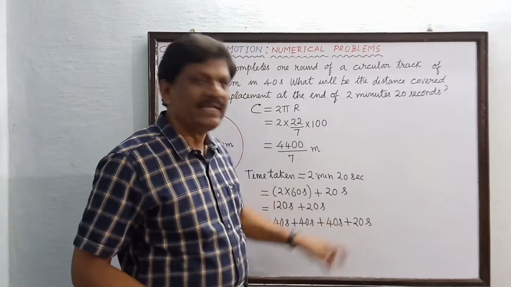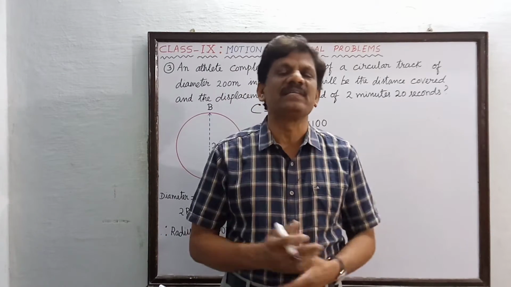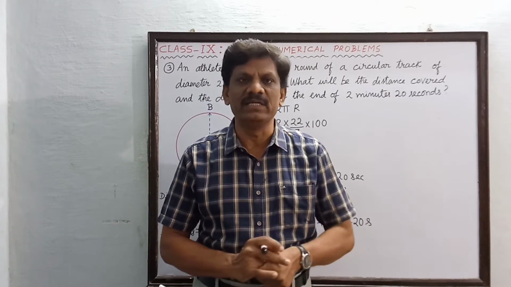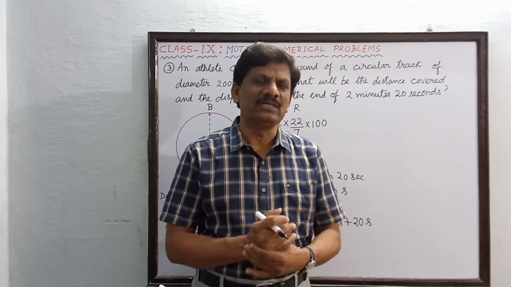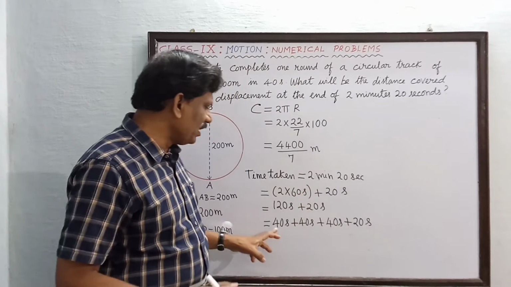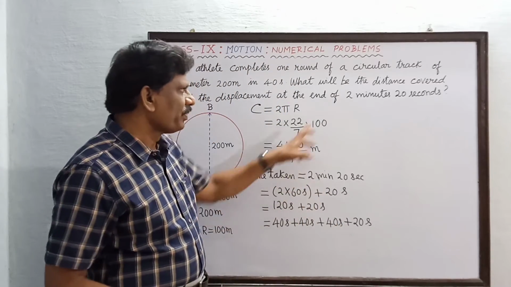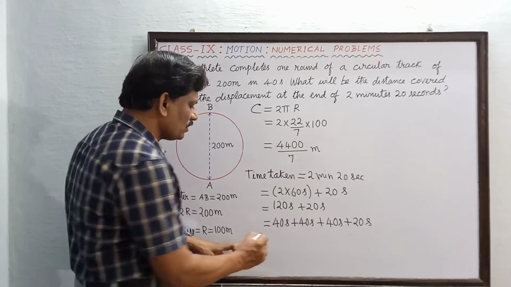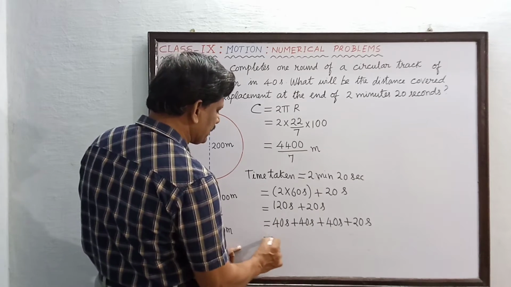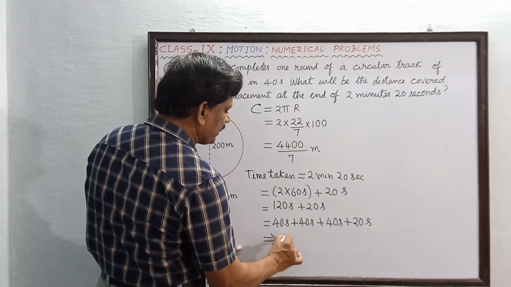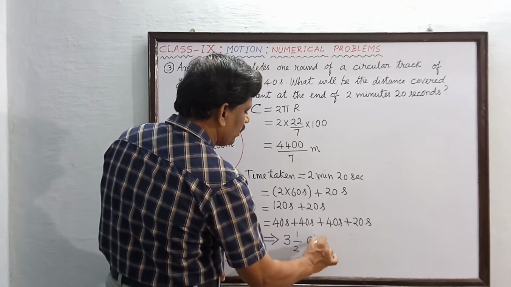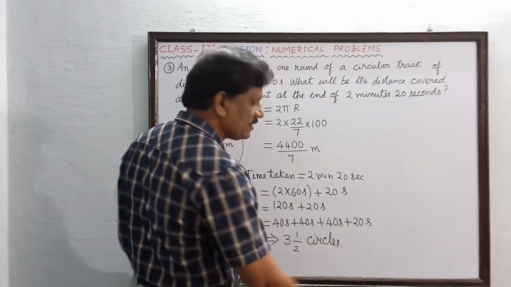Naturally, in the remaining 20 seconds, how much circle must he have completed? Yes, half circle only. Good. So totally, in this time of 120 plus 20 seconds, this corresponds to 3.5 circles.